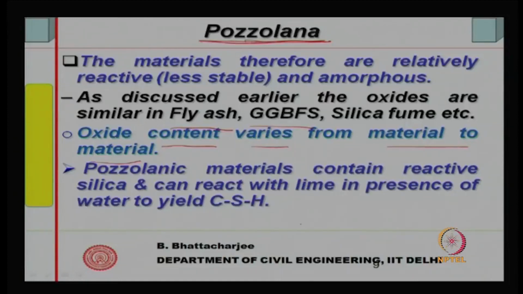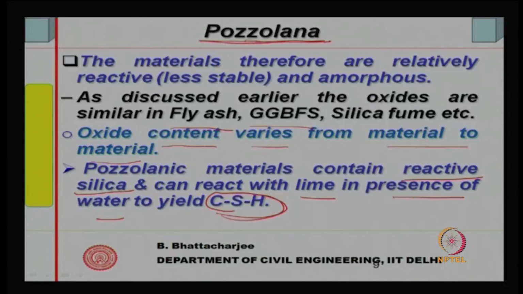Now, pozzolanic materials have the characteristic that they contain reactive silica, as I said, because the silica which has been heated up and cooled rapidly is in an amorphous, relatively unstable form and can react with lime in the presence of water to yield the same product as cement hydration.